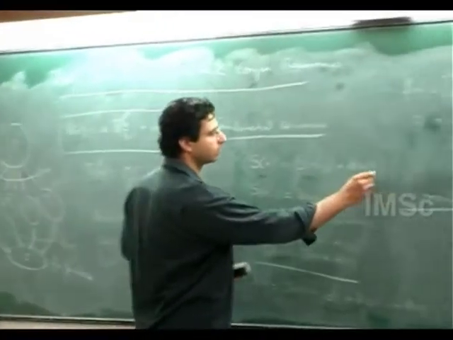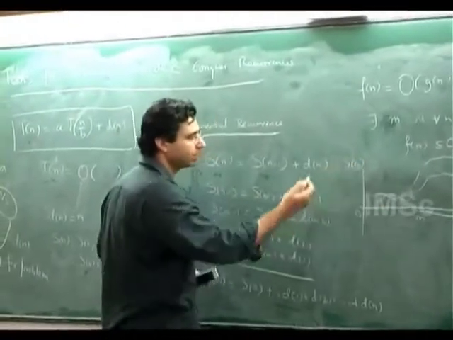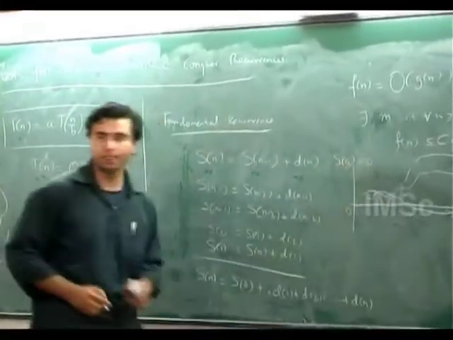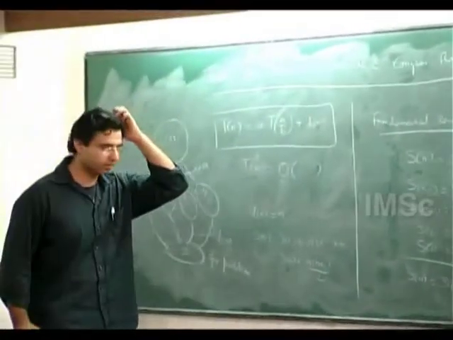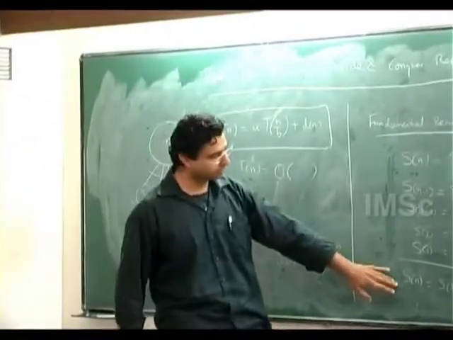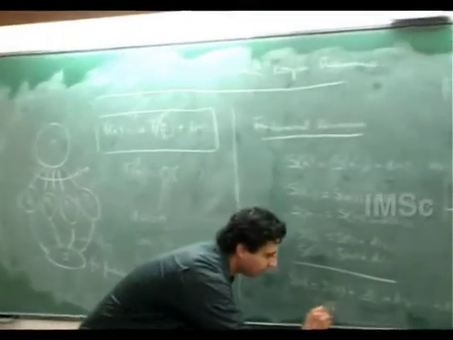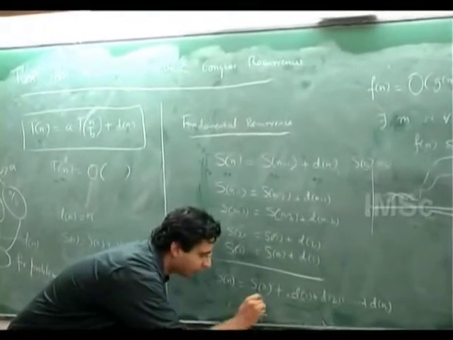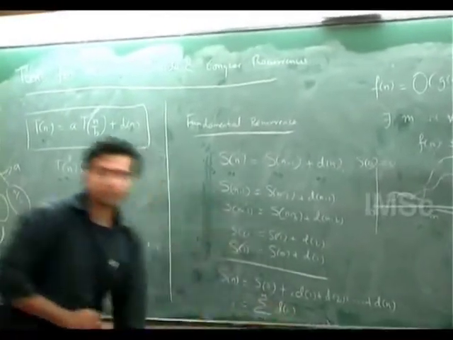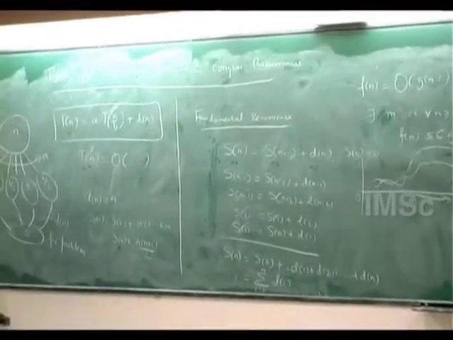S0 is the base case here. Let's say S0 was 0. It can be 1, it will be some constant. So what we get is that Sn can be simply written as the summation from 1 to n of this driving function di.